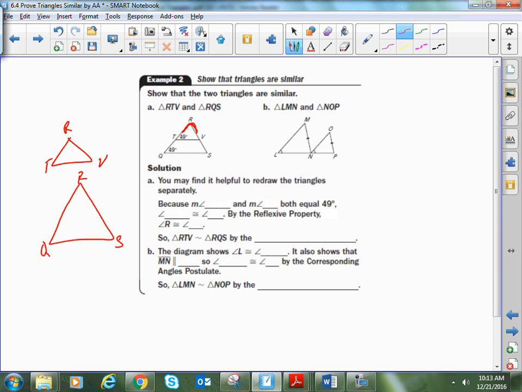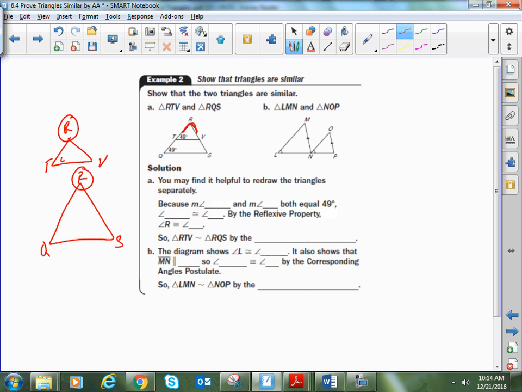Maybe because I've been doing geometry for so long, it just makes sense that if two figures are using the same angle, they need to overlap. And so that's why I would leave them the same. But if you need to, go ahead and draw them separately.